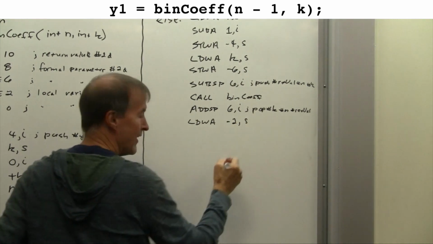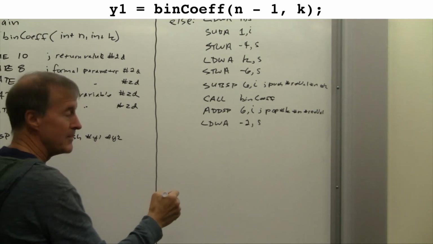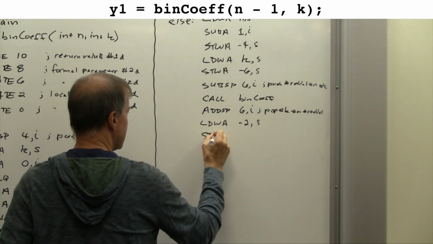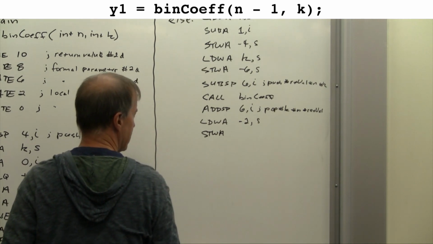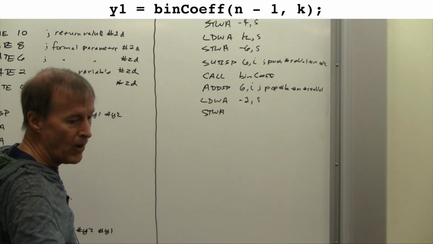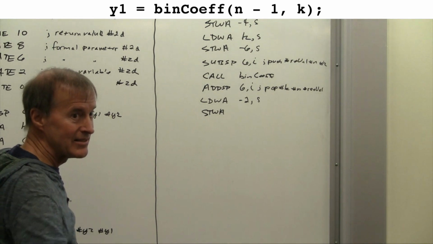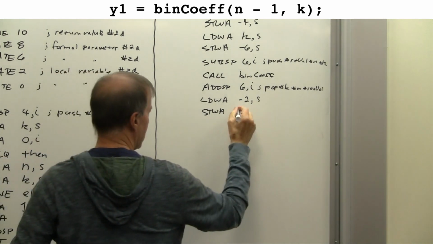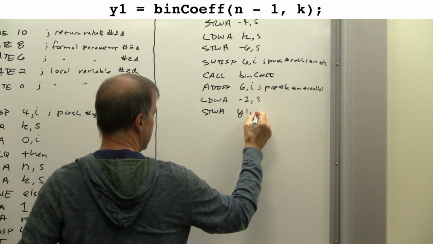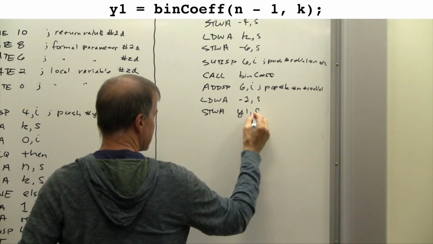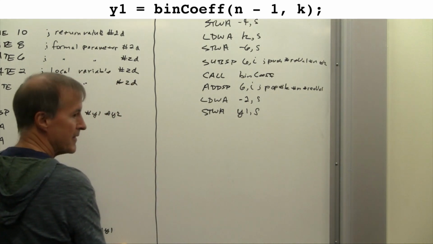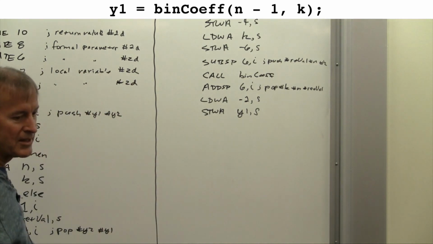Good. And then store word accumulator to where? The code says Y1 gets. Y1 addressing mode? Stack relative. All right, so that is Y1 gets bin coefficient.